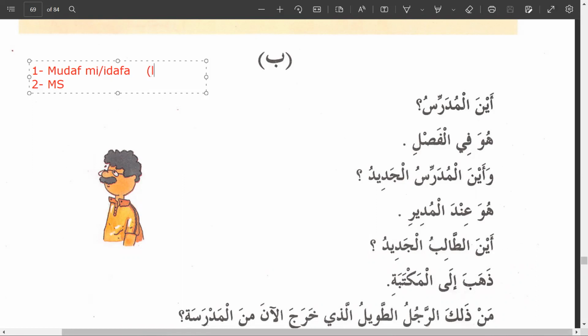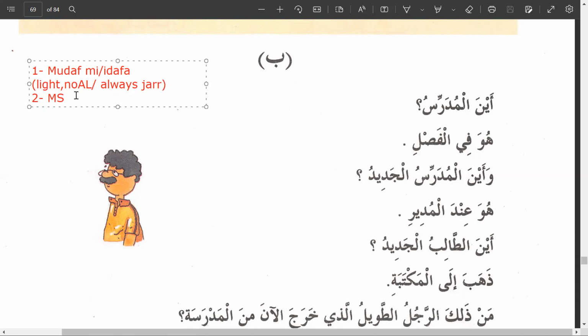Light, and no al. No alif lam. And what about mudafun ilayhi? Mudafun ilayhi is always jar. So that's the thing you need to remember all the time.